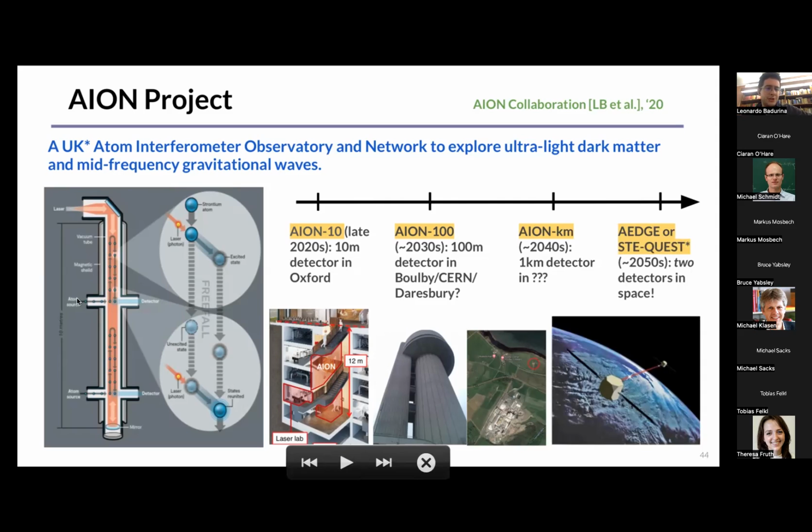Each satellite has an atom source, and the atoms fly within each satellite. The red fiber link here would be the laser, shining from one satellite to the other, which would allow a gradiometer measurement. Otherwise, STE-QUEST would also be an atom interferometer type experiment, but in this case a so-called dual atom interferometer, which can be understood as effectively having two co-located atom interferometers to perform a sort of gradiometer measurement.